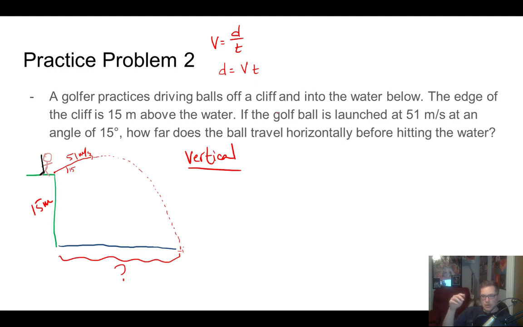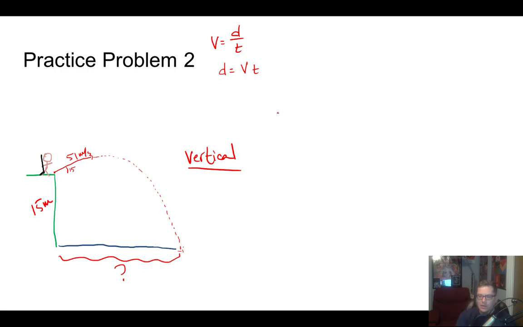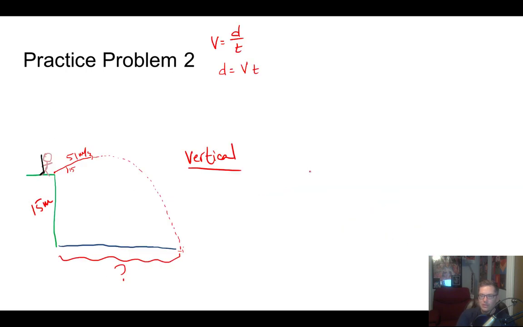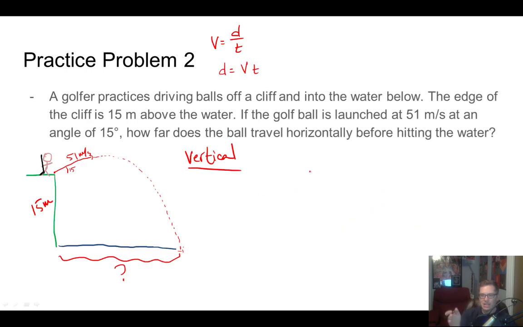This is exactly the same thing we had before: distance is equal to v sub x times delta t. So that's what we've got to solve for. We need velocity in the x direction, and we also need time.